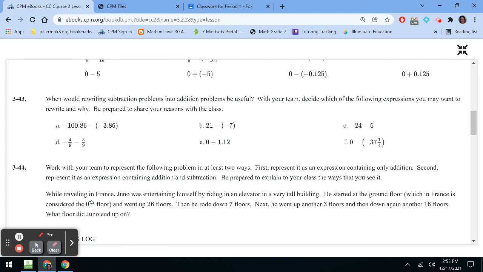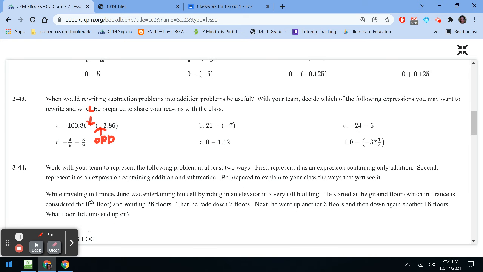What direction does that guy right there tell me to go on my number line? To the left. But this guy right here is my opposite symbol, and the opposite of the left is to the right. So I would make the argument that rewriting that one might make it easier to deal with.